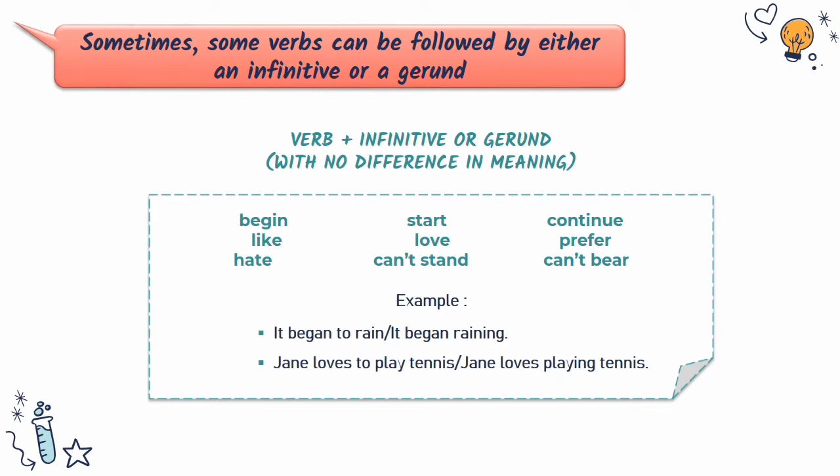It works with some of the following list of verbs: begin, start, continue, like, love, prefer, hate, can't stand, and can't bear. So for example, it began to rain. It began raining. Those two sentences have the same meaning though, so it is okay to use either infinitive or gerund.